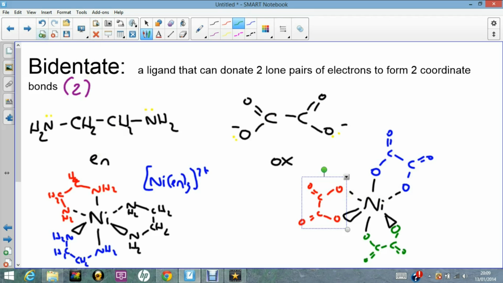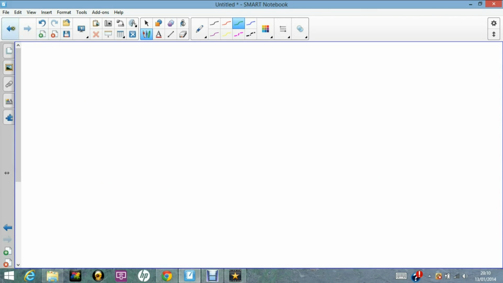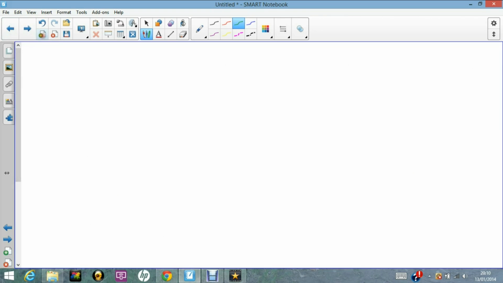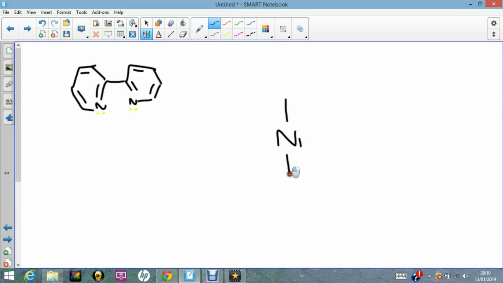In an F325 exam, you might be given something unfamiliar. So if we look at these 2, these are the 2 very common ligands that we use. But in previous exams, OCR have been known to give you something unfamiliar, such as this molecule, which again, you'd have to look at that and decide that nitrogen will have lone pairs on it. It's got the correct geometry because you can see this kind of bridge shape in the middle. And then you just do the same standard thing. Draw your nickel, or whatever metal it is.